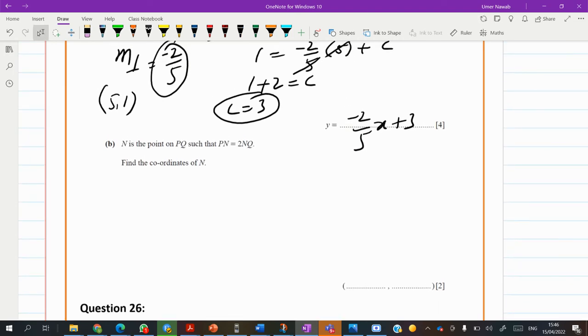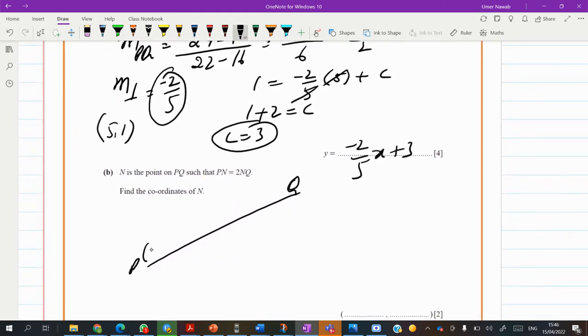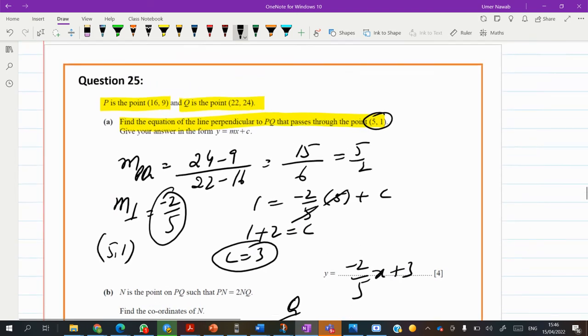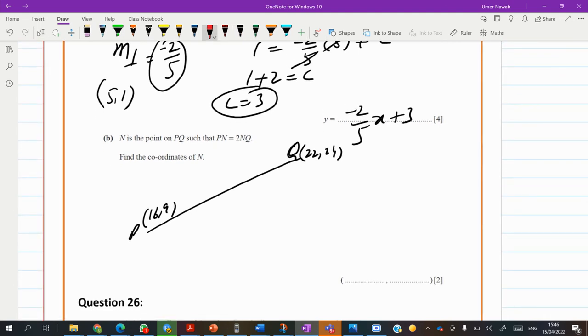This is interesting. Believe me, this is very interesting, because he said that this was the P point and this was the Q point. The coordinates of P were (16, 9), and the coordinates of Q were (22, 24). Just make a triangle.